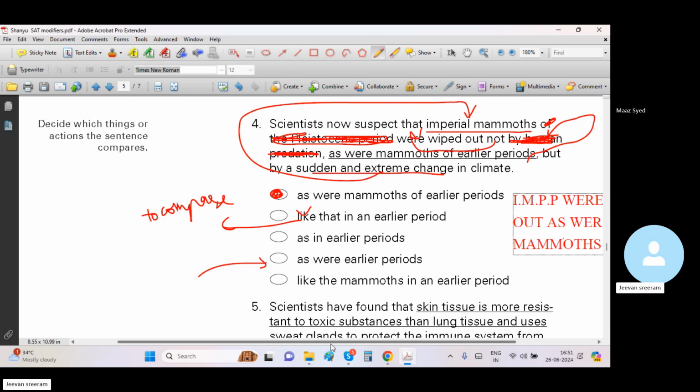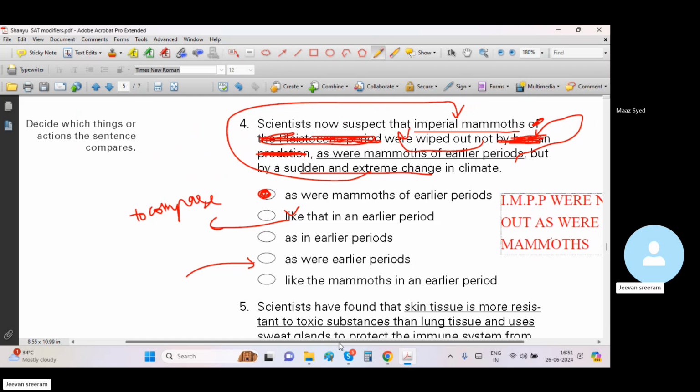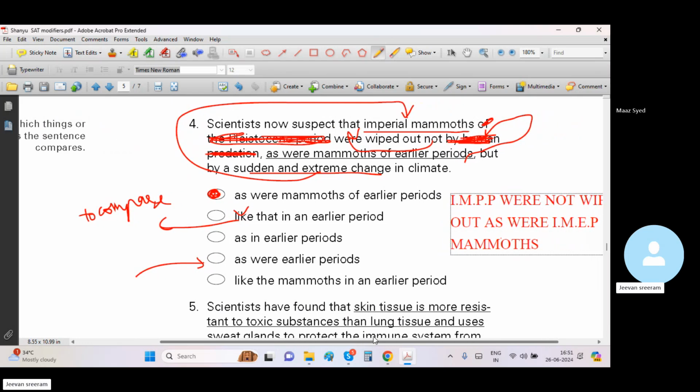You must use "as" because the comparison is between verbs. That's why you should not use "like." "As" can be used to compare either nouns or verbs, but "like" is useful only to compare nouns. Got it? Okay.